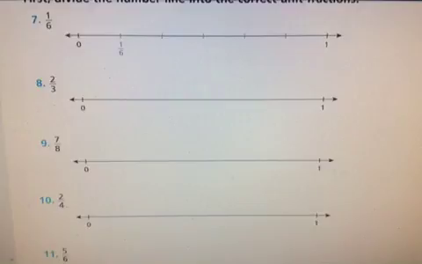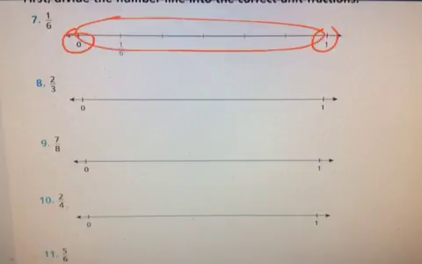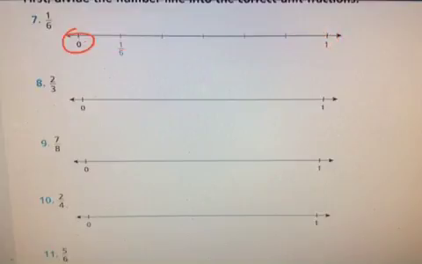So if we look at this, here's 0 and here's 1. And in between, we can split it up to get something smaller than a whole number, and something smaller than 1 is a fraction. So right here, number 1, we split it up into 6's.